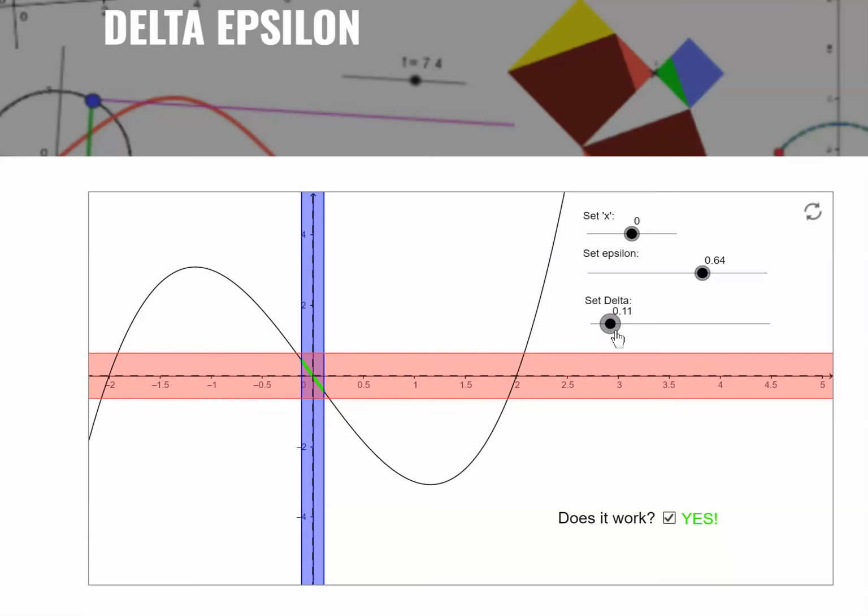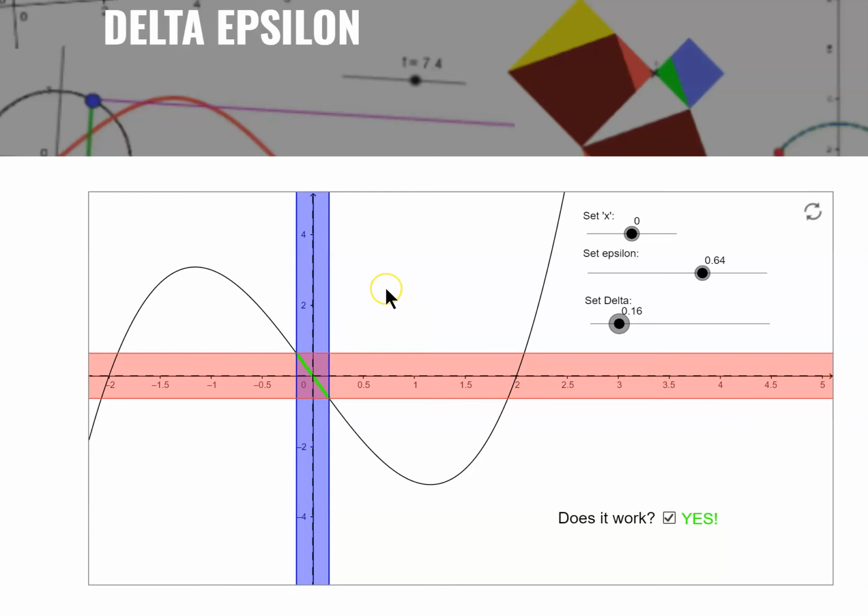So I'm going to increase my delta and keep increasing it until I find, in other words, that sweet spot where if delta is 0.16, my x between 0 minus 0.16 and 0 plus 0.16 will produce y values between 0 minus 0.64 and 0 plus 0.64.